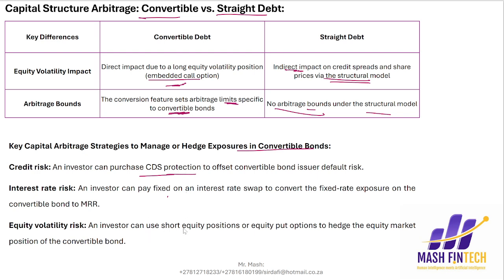And with volatility, an investor can use a short position, or they can purchase a put option. Remember the put options are bearish, right? So if anything happens, the value of the equity goes down. That's when you benefit. The payoff is positive when the value of a bearish asset goes down if you buy the put option.